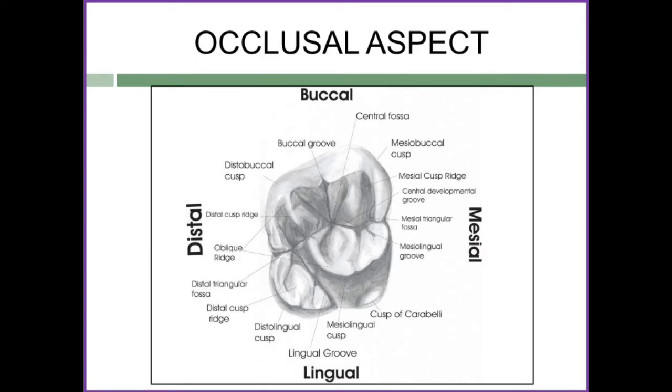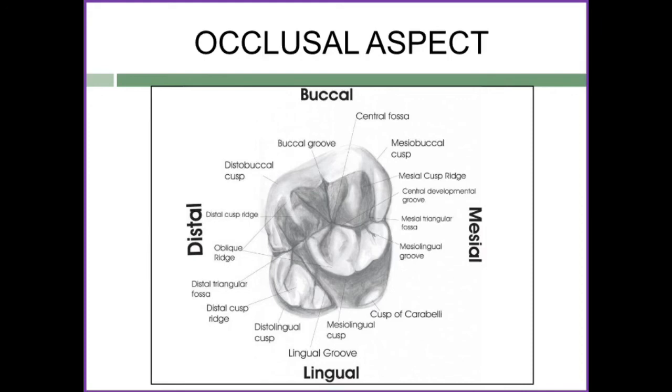The 2 major are the central fossa, which is a triangular, concave depression present mesial to the oblique ridge, and the distal fossa, which is present distal to the oblique ridge. The 2 minor fossae are the mesial triangular fossa and the distal triangular fossa, present adjacent to their marginal ridges.